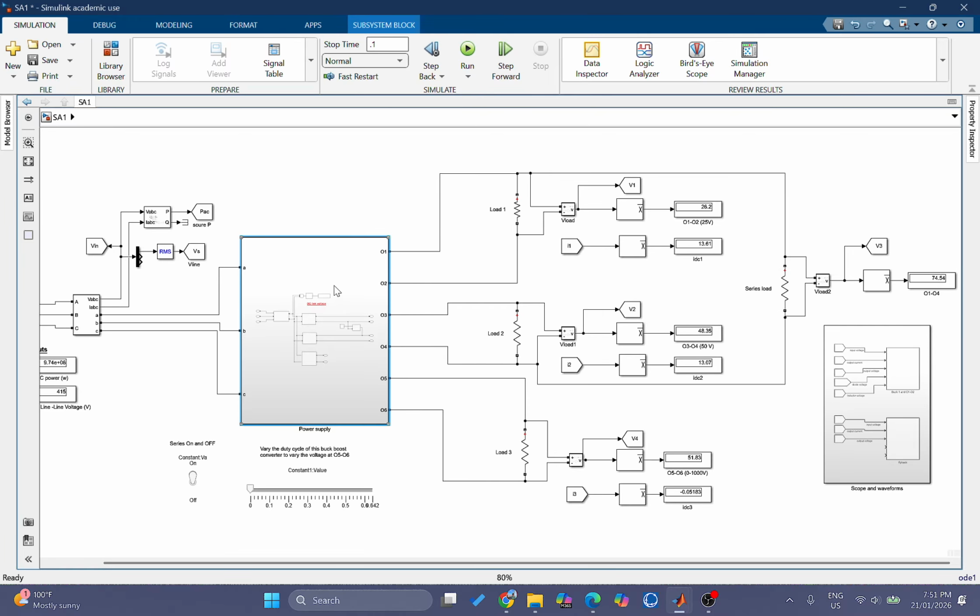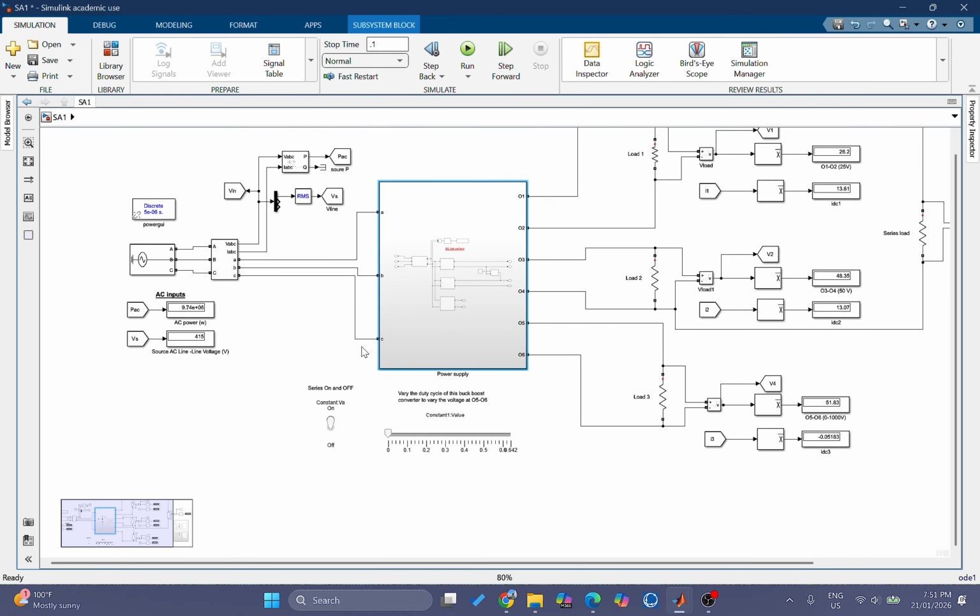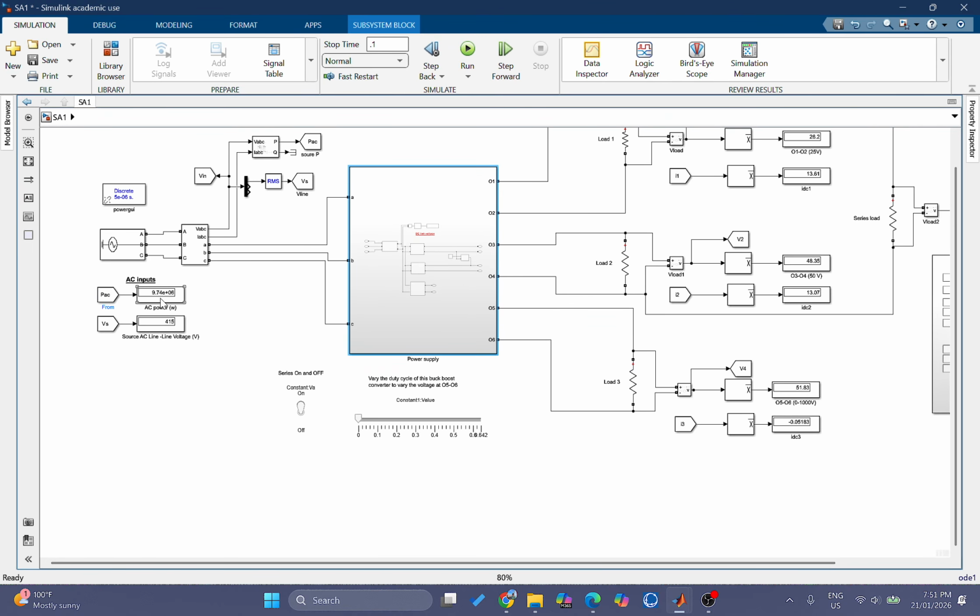For the series connection of the buck and the flyback converter, you are getting 74.5. You have an input power of 9 and the source line to line voltage of 115 volt.